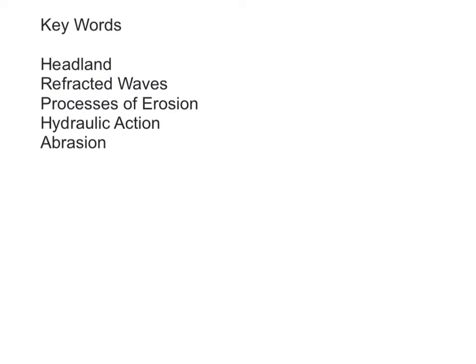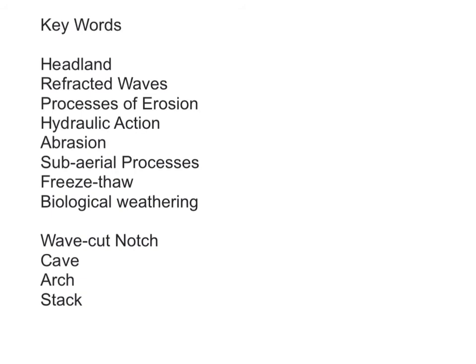When explaining our answers, we have to remember to include key terminology. It's very important to get level 3 that we use as many key terms as possible. Some examples are headland, refracted waves, the processes of erosion, including hydraulic action and abrasion. Don't forget the subaerial processes that affect the arch as well.